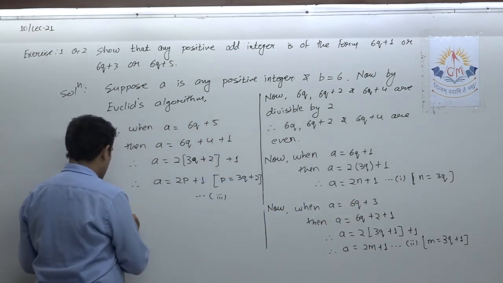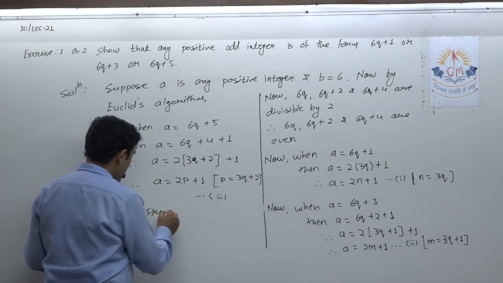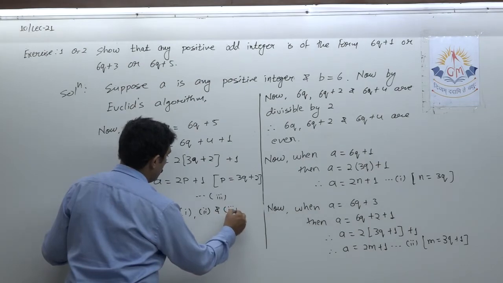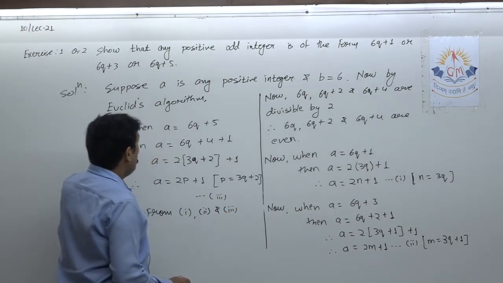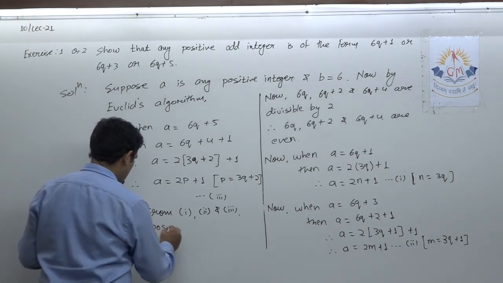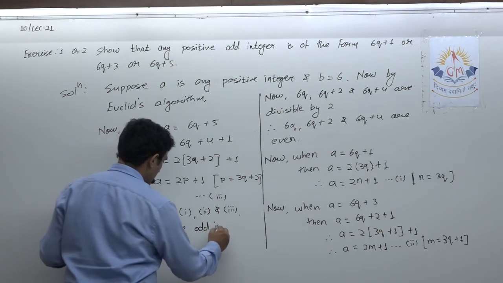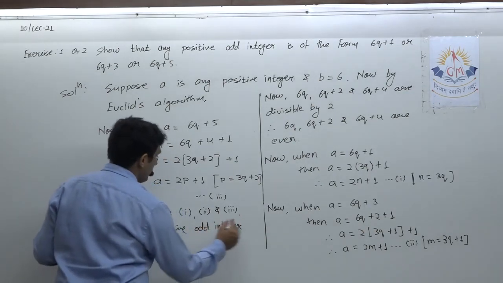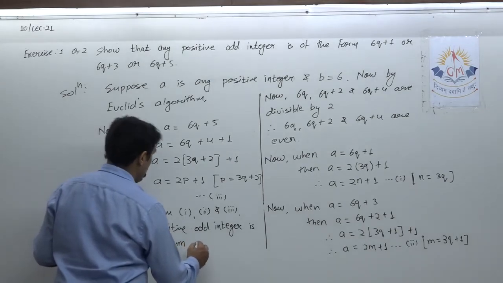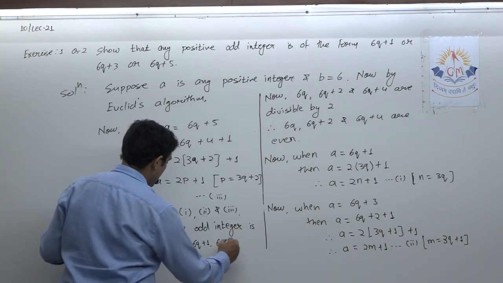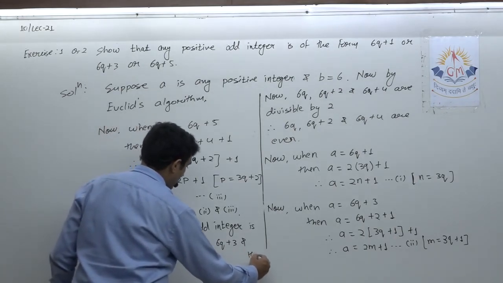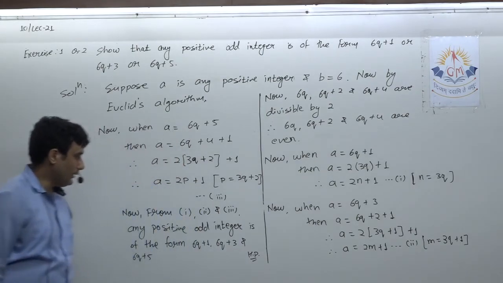So I can say over here, now from first, second and third, I can say any positive odd integer is of the form 6q plus 1, 6q plus 3 and 6q plus 5, hence proved. Okay, so please note it down.